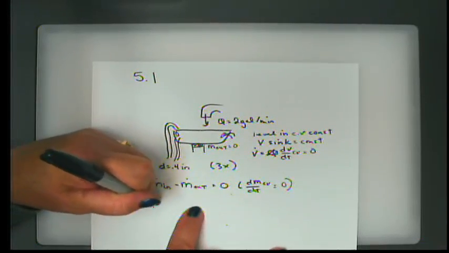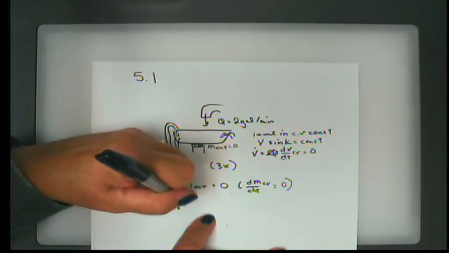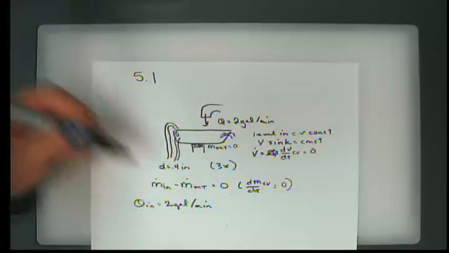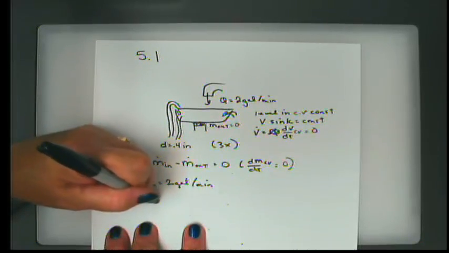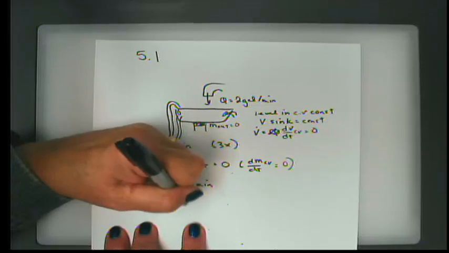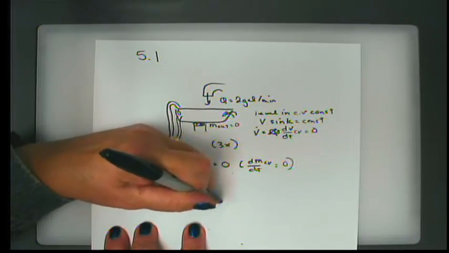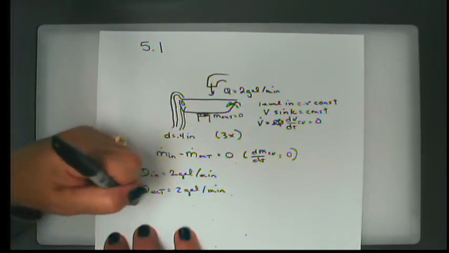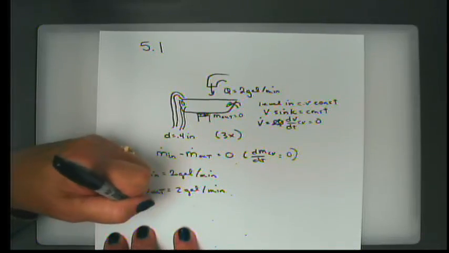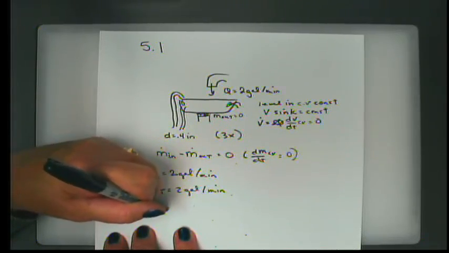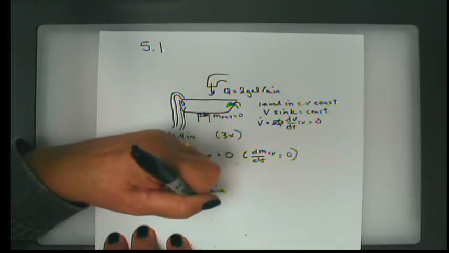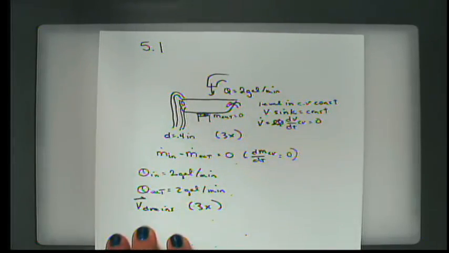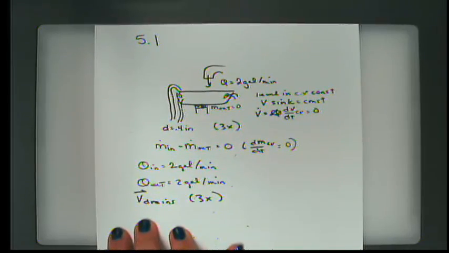All right, so we have one flow rate in. Q in is 2 gallons per minute. So that must mean that Q out is also 2 gallons per minute. And what does that tell us? We are looking for the velocity through each of the drains. Well, we know that there are 3 drains, and each one has a diameter of 0.4 inches.